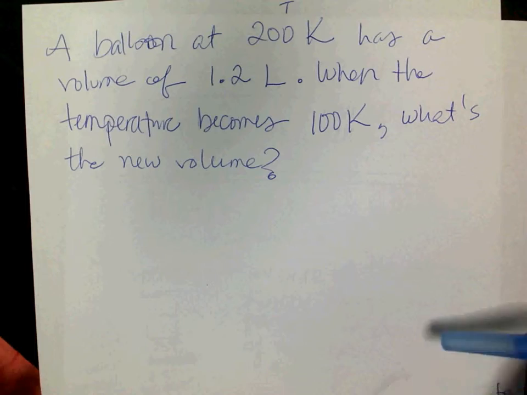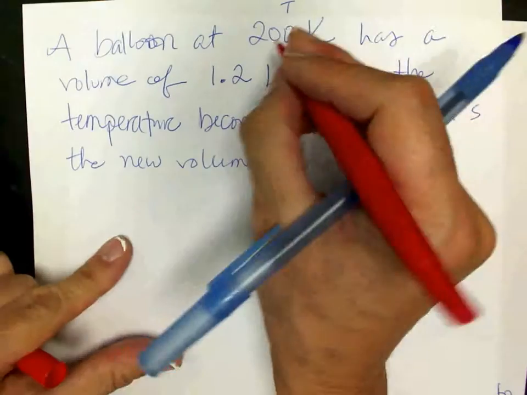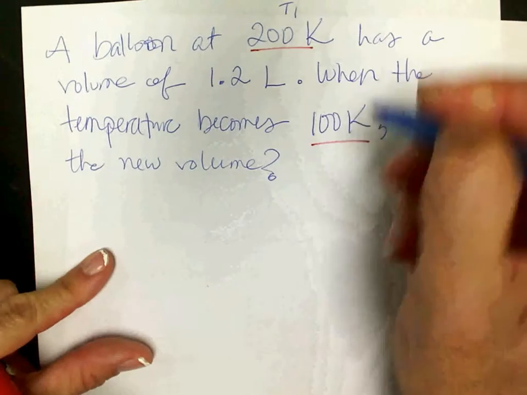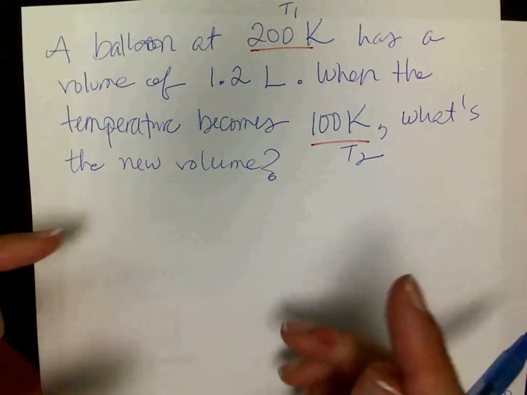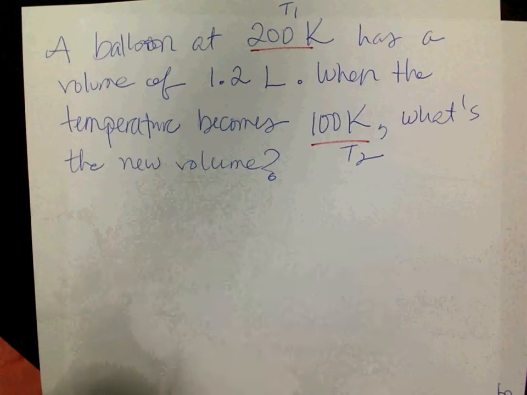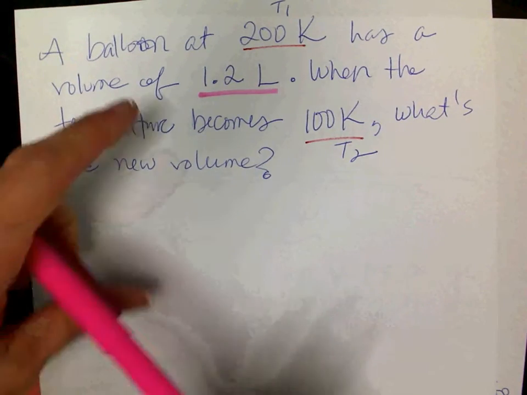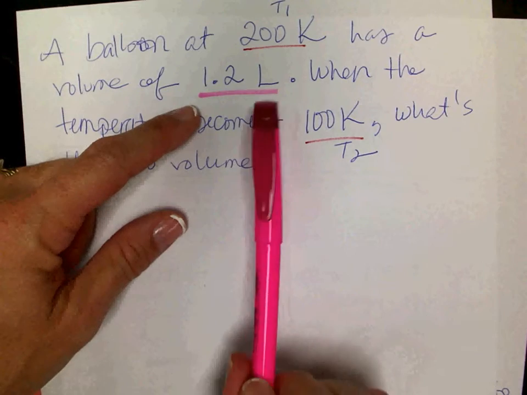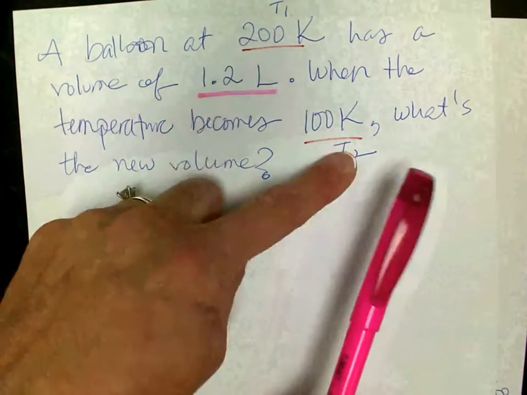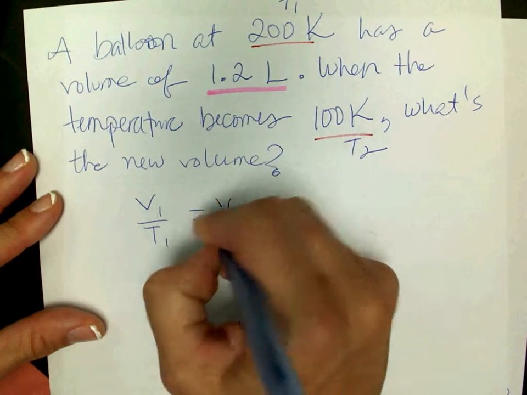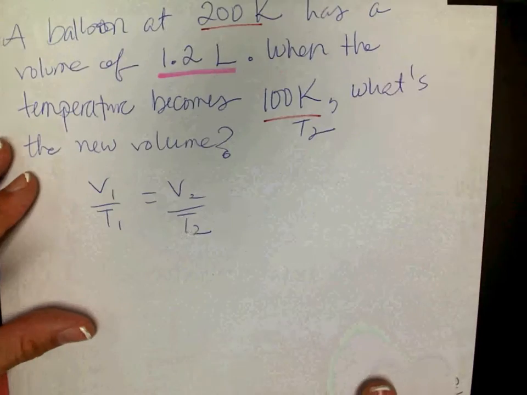Look at your info. What's happening to your temperatures? It's getting colder. So what's happening to your volume? We don't know yet. It should do what? It should decrease, okay? Yep. So it should go down to 0.6 liters. Very good.